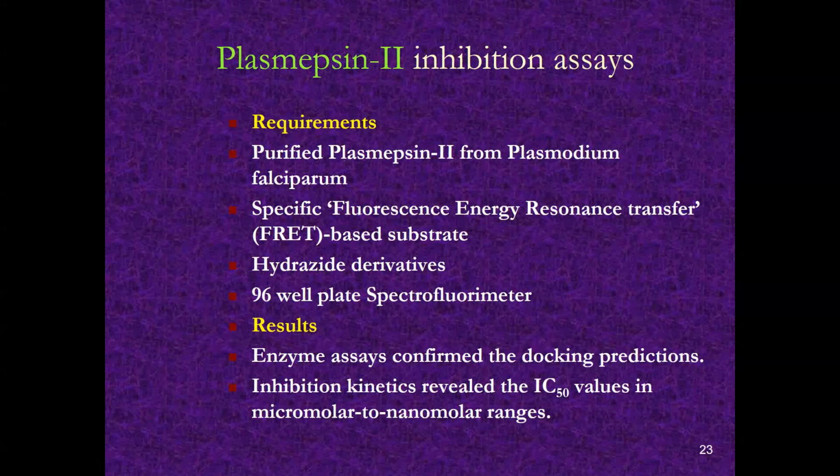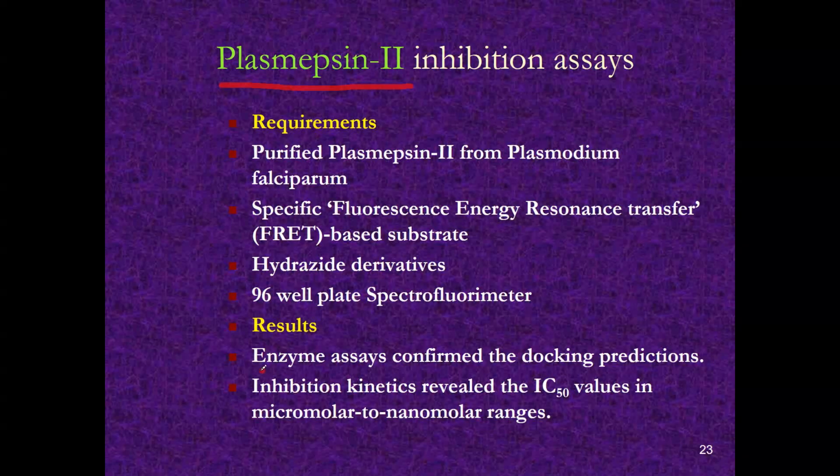Then, in order to prove the prediction in a real life situation, we went to the lab, and then we carried out enzyme inhibition assays using plasmepsin 2 in the test tube and the compounds from the labs.